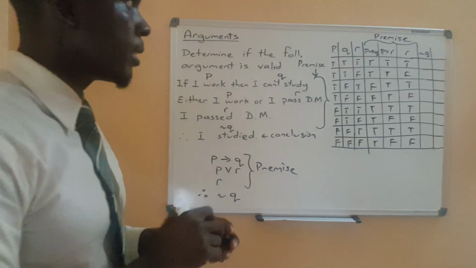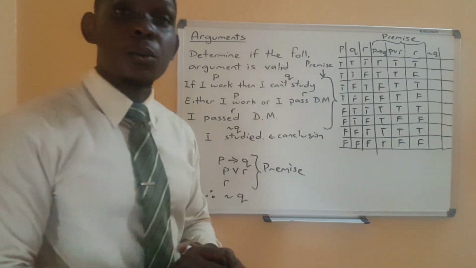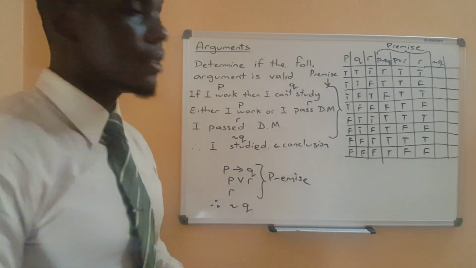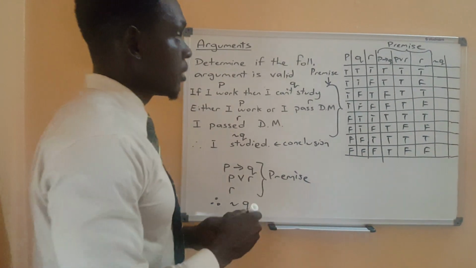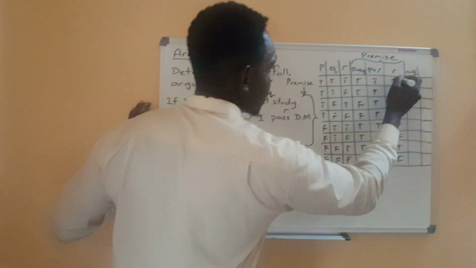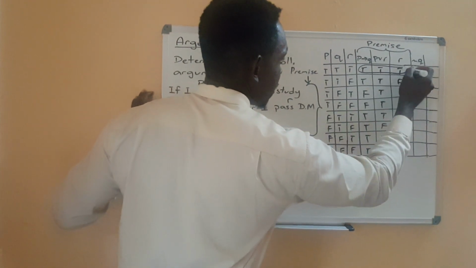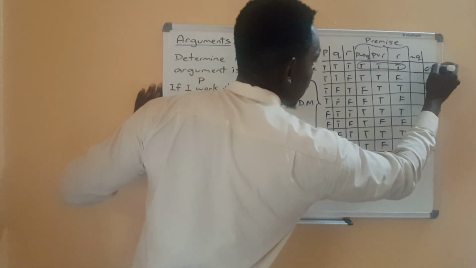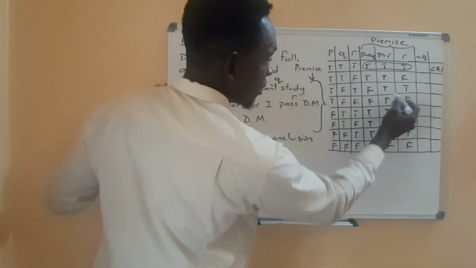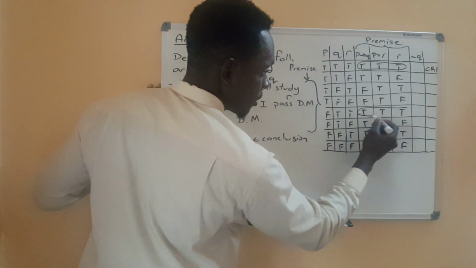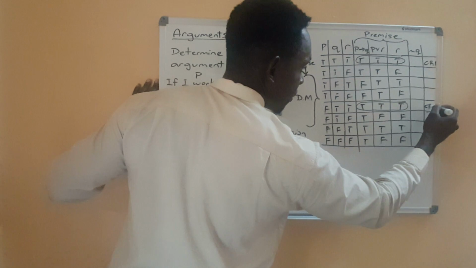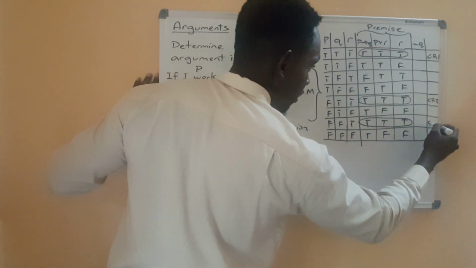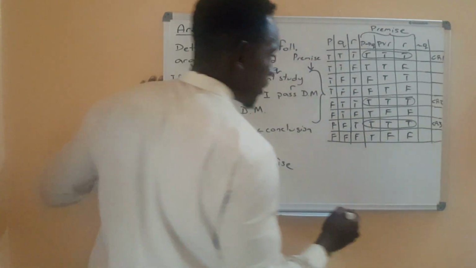Now what we're going to do is focus only on the rows where all the premises are true. For example, here, and we call these critical rows. So this is critical row 1, we have another one here, critical row 2, and we have another one here, which is critical row 3.